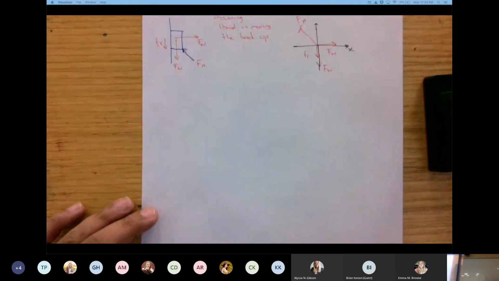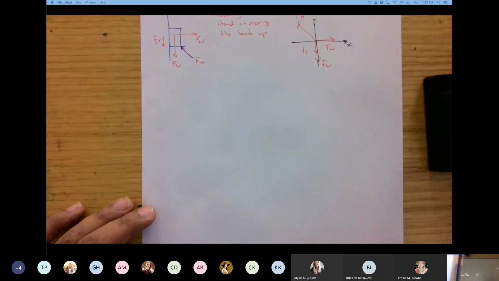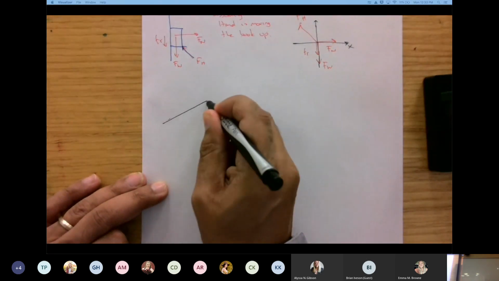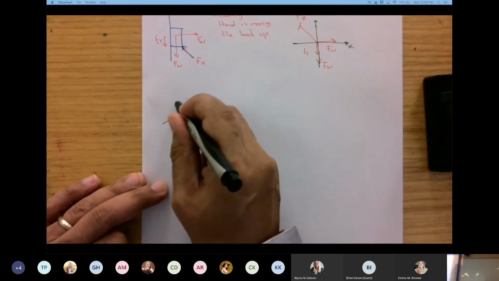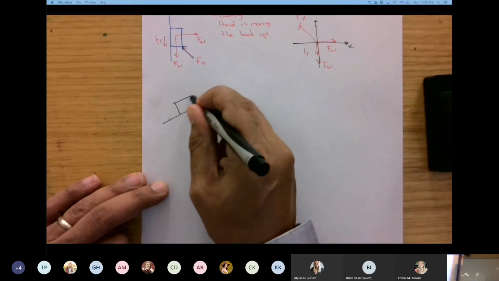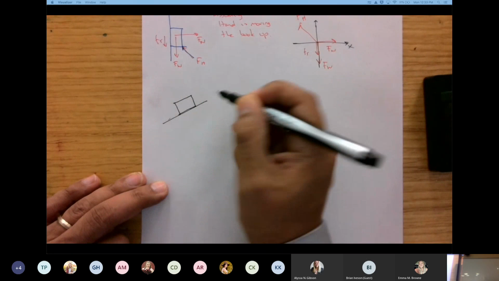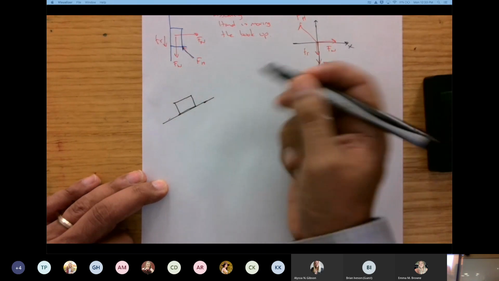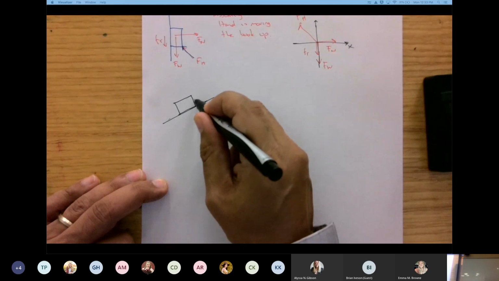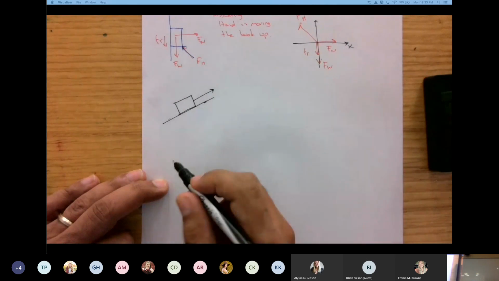Now this one, it's tricky. You have a piece of furniture on a tilted plane, and you are pulling it with a rope.